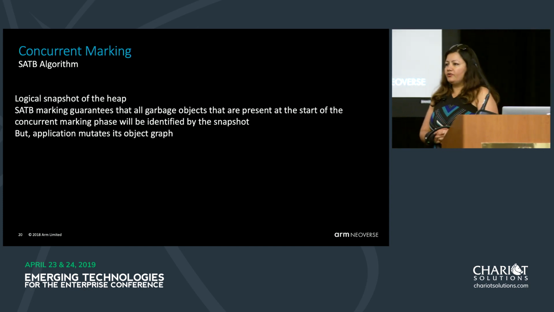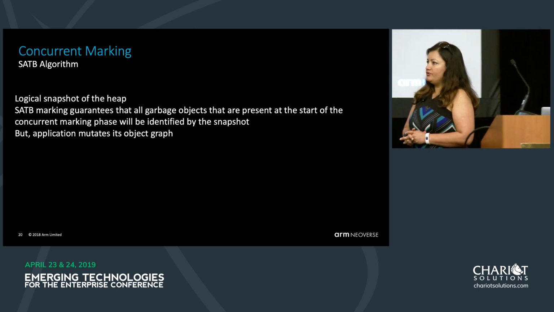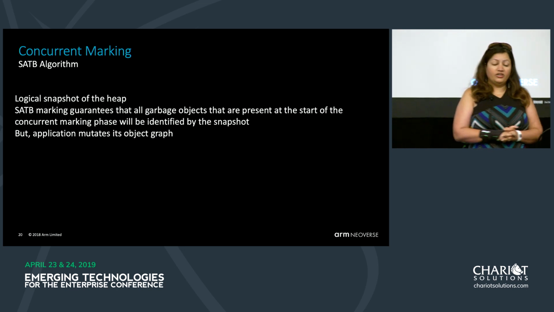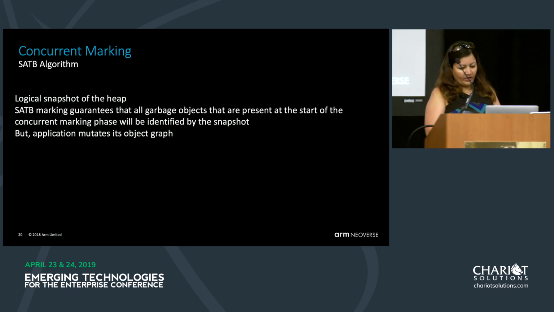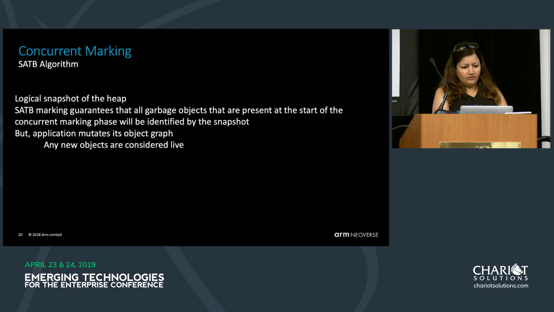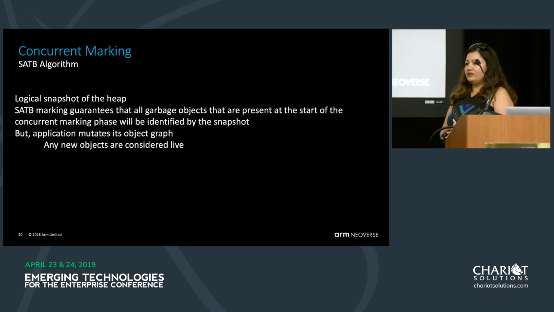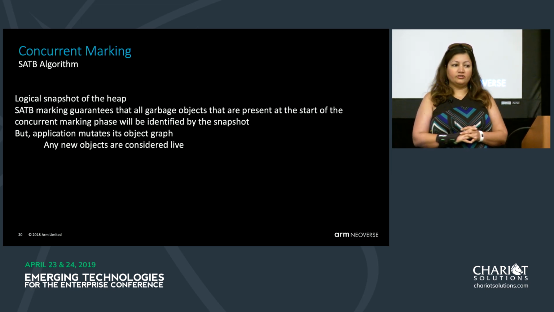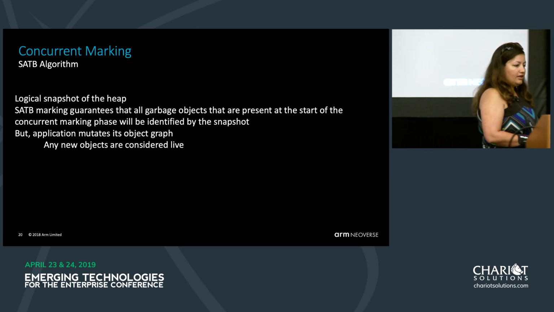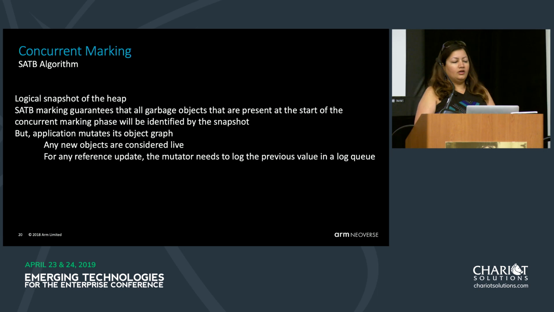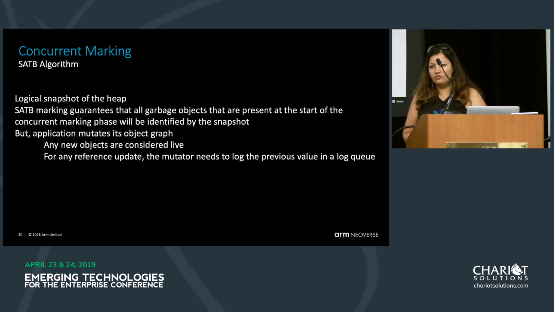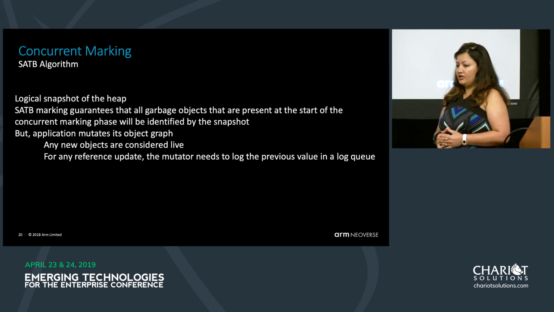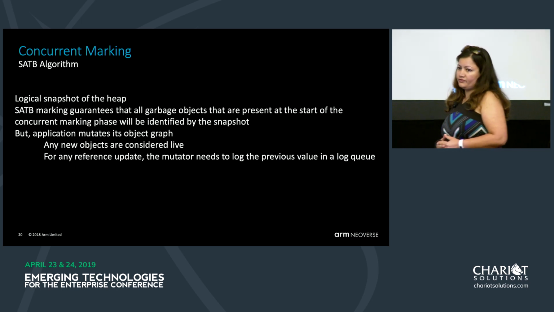But because this is concurrent, and because our mutators will mutate, your live graph changes, right? The way G1 GC handles this is, any new objects allocated while the concurrent marking is going on will be considered live, and any reference update will be tracked by the mutators in something called log buffers.